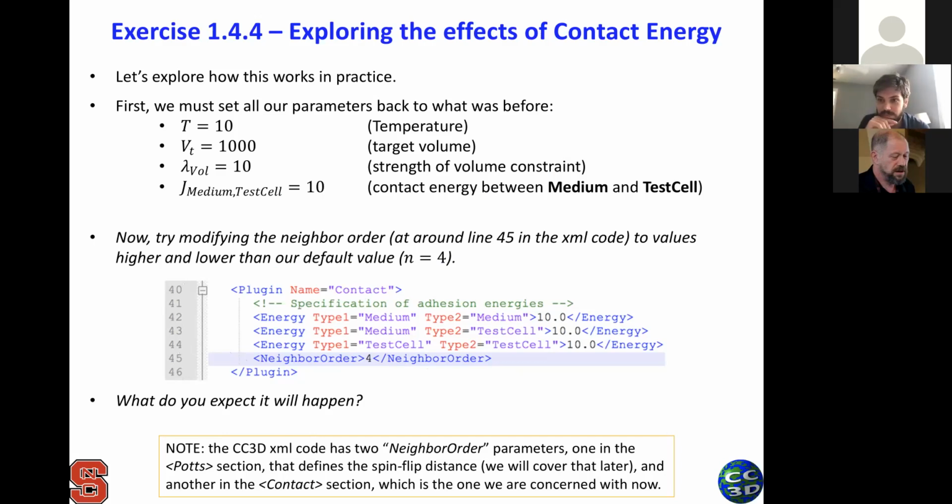As you do this exercise, please pay attention that there are two neighbor orders in our CompuCell code. One appears in the contact plugin, but there's another one that appears in the Potts. We are only dealing with the neighbor order that appears under contact. So please go there and do a simulation with a higher and a lower neighboring order, and tell me what you see.